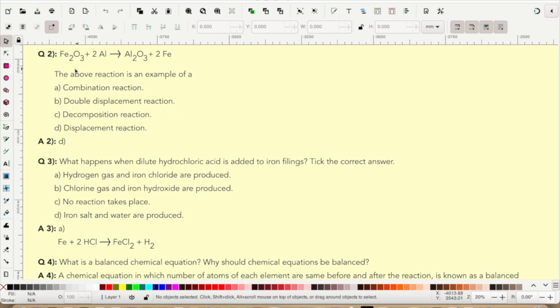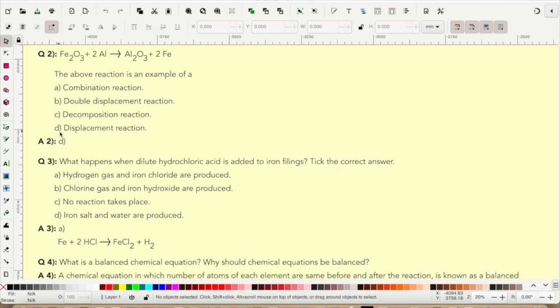We know that in double displacement reaction, reactant ions should exchange. Here ions are not getting exchanged, so it cannot be double displacement reaction. Third option is decomposition reaction. We know that in decomposition reaction, a single reactant decomposes into two or more products. It is not the case here, so it cannot be decomposition reaction as well.